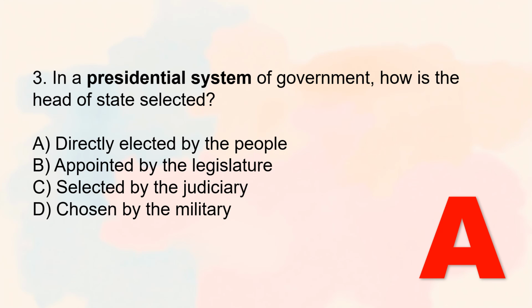Now, for letter C, selected by the judiciary, it's incorrect, as the judiciary does not play a role in appointing the executive leader. Chosen by the military, it's incorrect, as democratic systems do not allow the military to select the head of state. So letter A is the best answer.